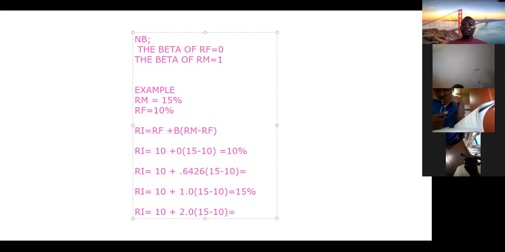Market is 15%. Good. Why did you say the market return is 15%? That's because of what is written. The note that I gave you right now, check the note. I said note, the beta of what? Read what you had there.